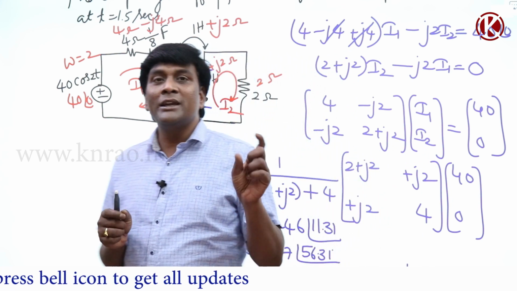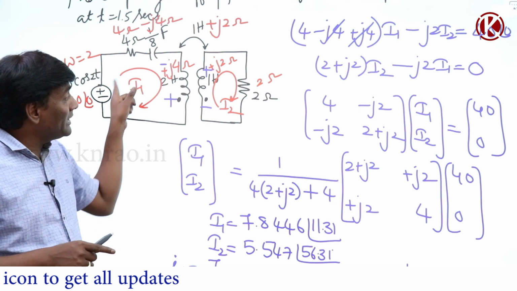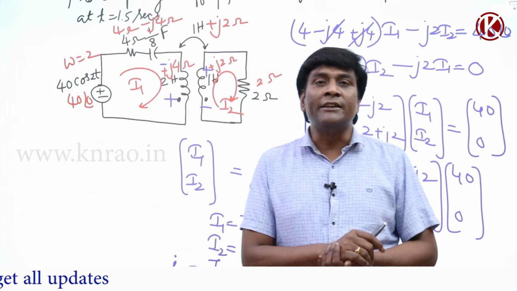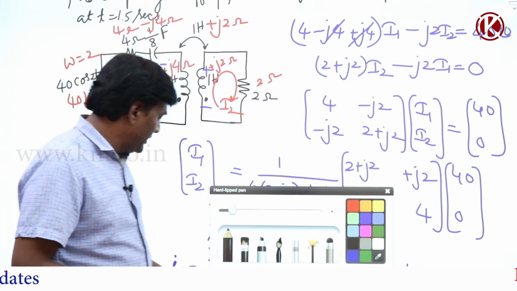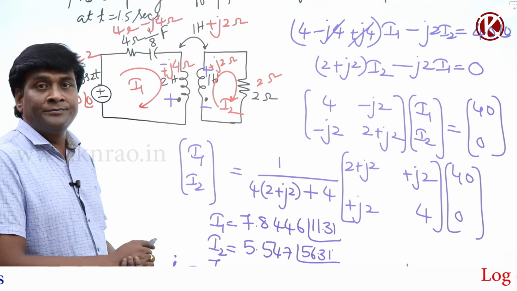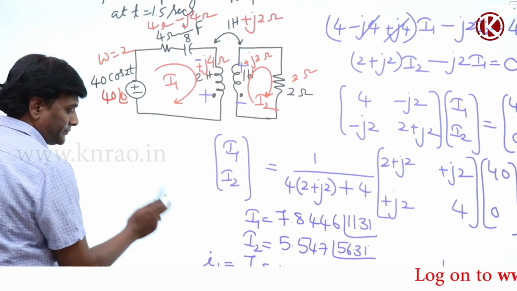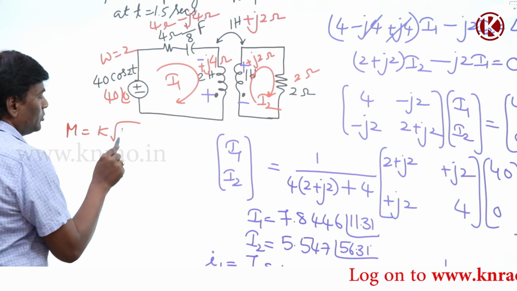Okay, so in this way we are going to calculate energy stored. Here in plus or minus M I1 into I2, only then I considered whether both currents are entering into dot, or if one is entering into dot and another is leaving from the dot. Next thing is they also asked coefficient of coupling. It is actually very easy to calculate. M is going to be k under root L1 L2.